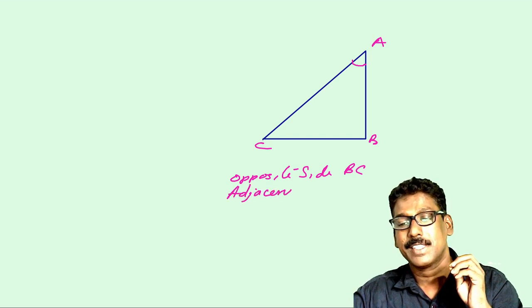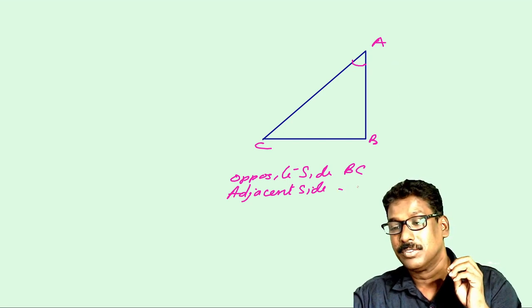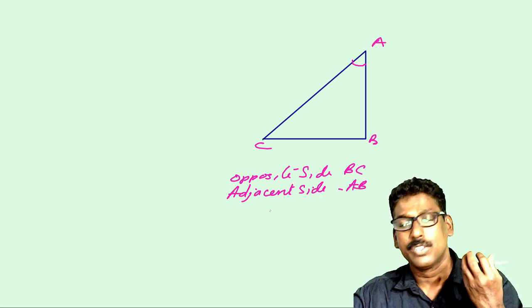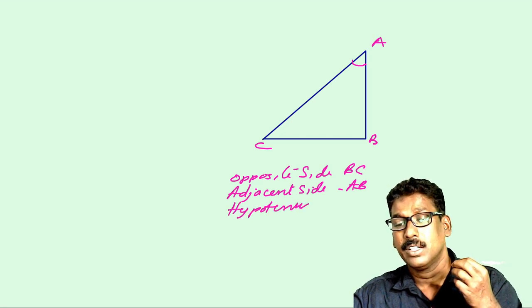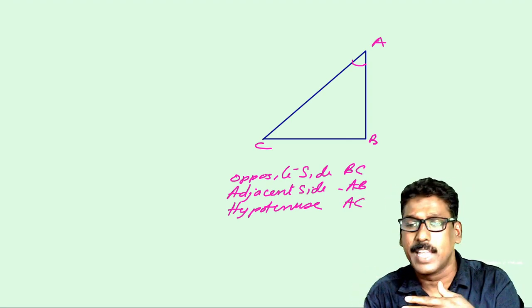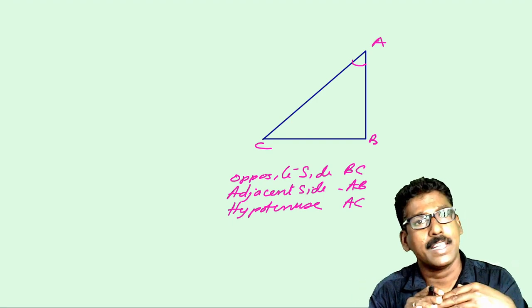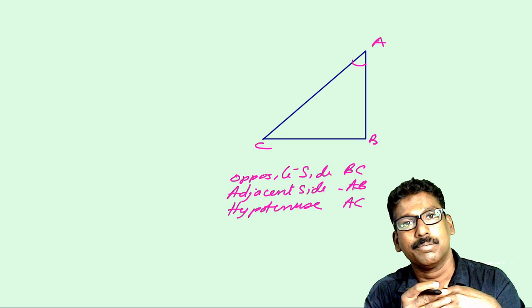The adjacent side is the side containing A, which is AB. And of course, what is the hypotenuse? It is opposite to the right angle. So the hypotenuse here is AC. So according to the angle, the adjacent side and opposite side can change, but the hypotenuse remains the same.